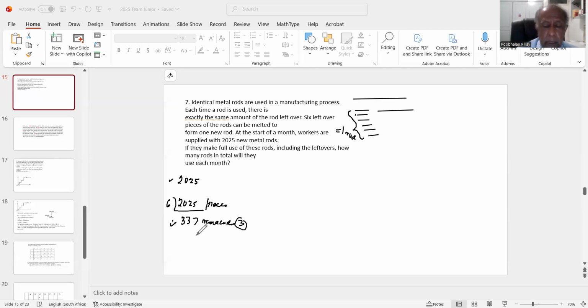All right, so now you'll take those. That's too little to make a new rod. Let's take this 337. You use it. I'm putting a tick there to say we're using it in the manufacturing processes. And in the end, you'll have 337 pieces. And from those 337 pieces, I can make 56 rods, and the remainder is 1.